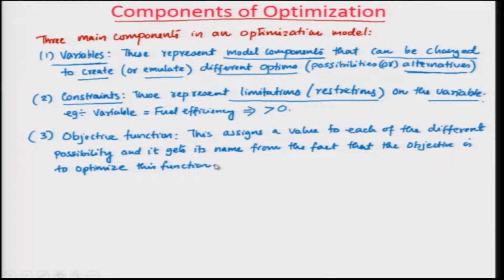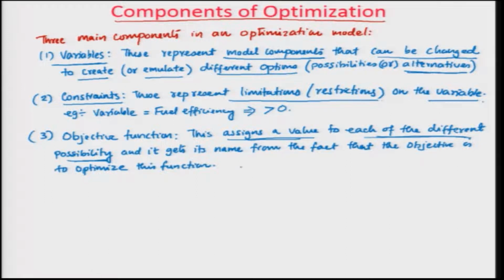So the objective function assigns a value to each of the different possibilities. By combining the different values of the variables and constraints, you assign a value to each possibility of the model.